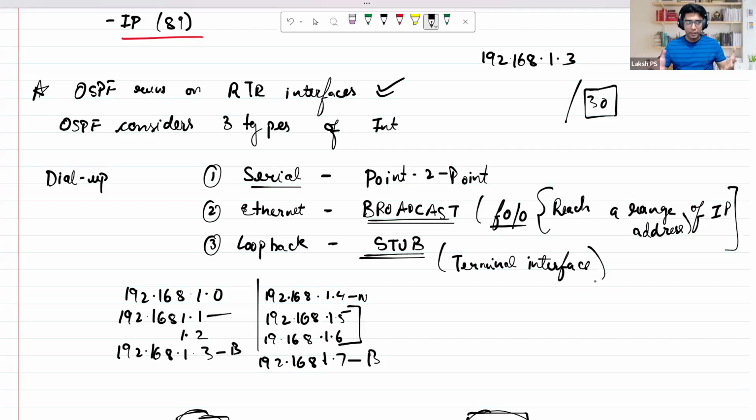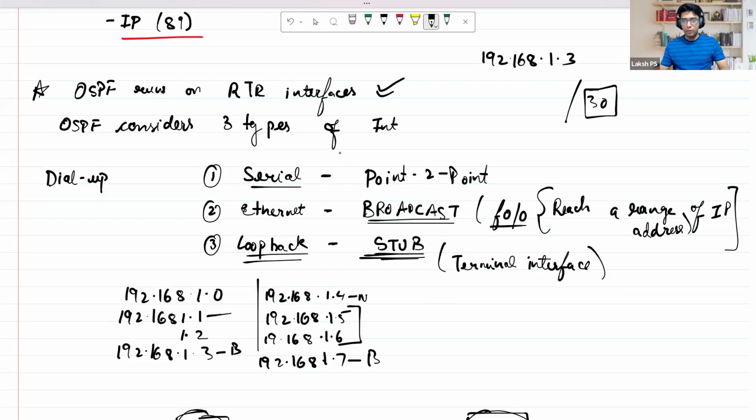We have Mumbai terminus, Chennai terminus, and in Kolkata also we have a terminus, right? That means that's the end of the track. After this, there is no track. Similarly, OSPF considers loopback IPs as a stub interface, wherein after that there is no path.